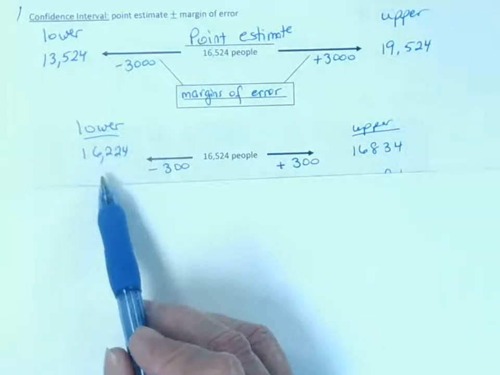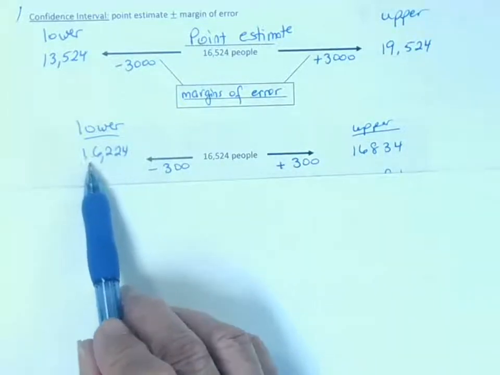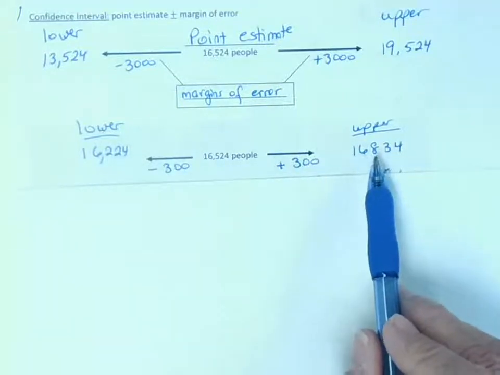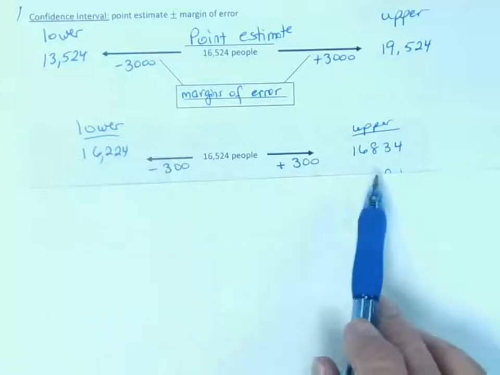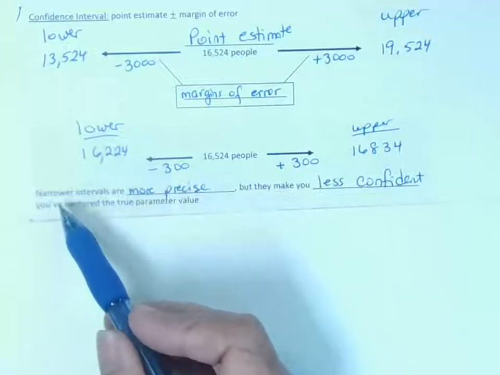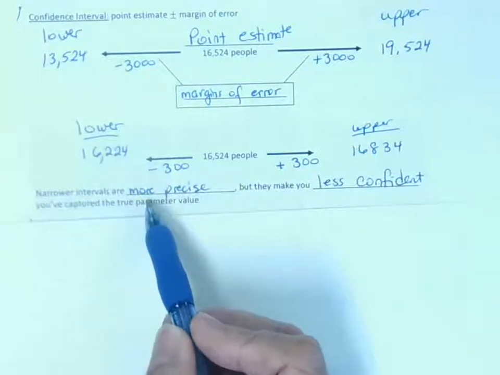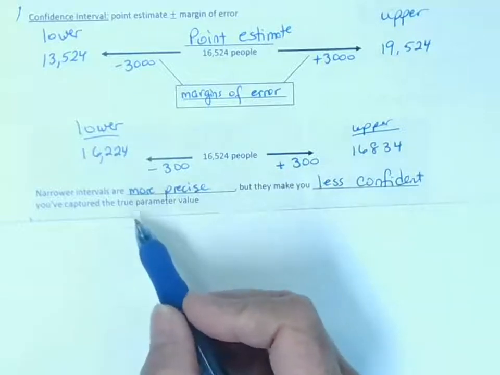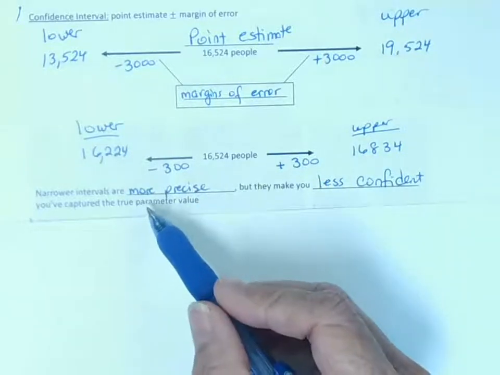So my confidence interval now goes from 16,224 to 16,834. Well, that seems much more exact, doesn't it? So it's a much narrower interval. So narrower intervals are more precise, but they make you less confident that we've captured the true parameter value.